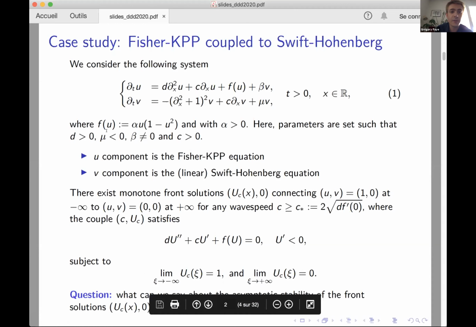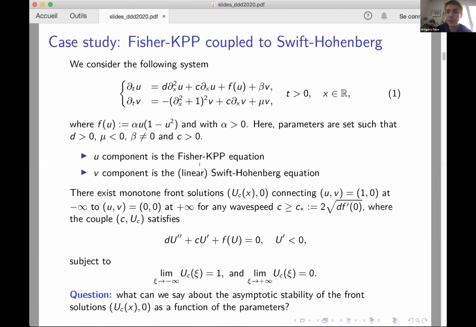Obviously we have lots of parameters in the system, and I'd like to have a systematic answer for each parameter. So here alpha is going to be positive, d is going to be positive, mu is negative, and beta here will not matter that much. I just want it to be non-zero. And here the wave speed also is going to be positive, and it will always be above that specific value.